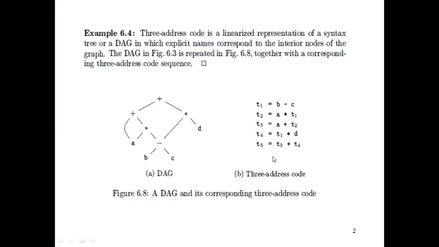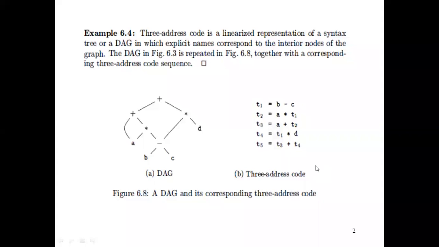This is the final expression after replacing with different temporary variables. First you see the initial position of your expression, and after replacing it with temporary variables, at the end this is the final position of your expression. So here you are getting T5 is equal to T3 plus T4.